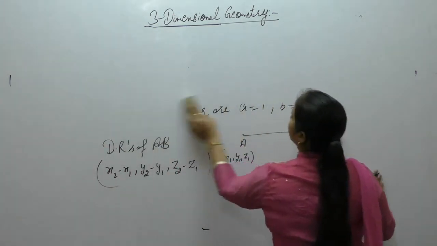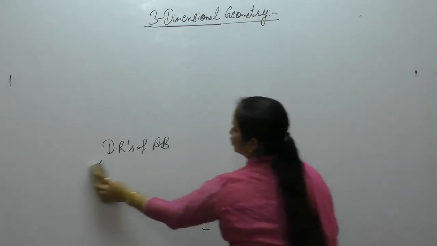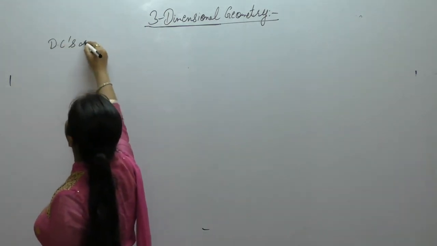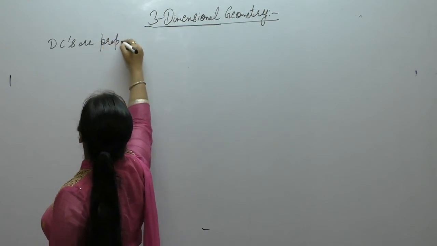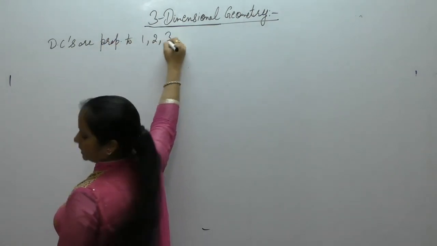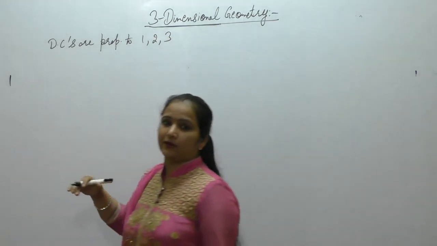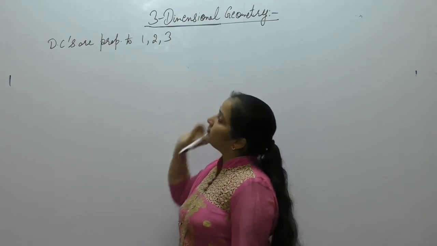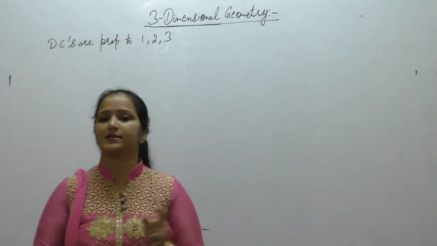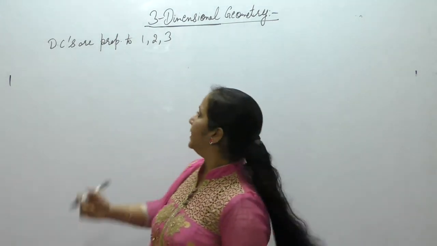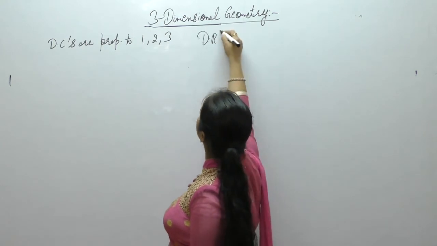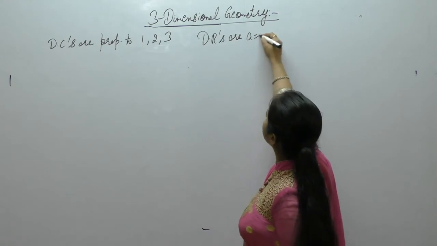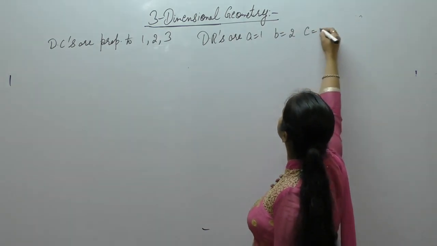Now if the direction cosines are proportional to 1, 2, 3, suppose we have any vector whose x, y and z components are this, then if direction cosines are proportional to this, it means these are direction ratios: a as 1, b as 2 and c as 3.